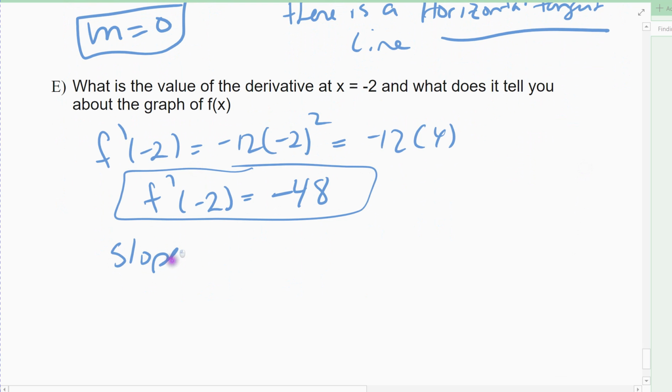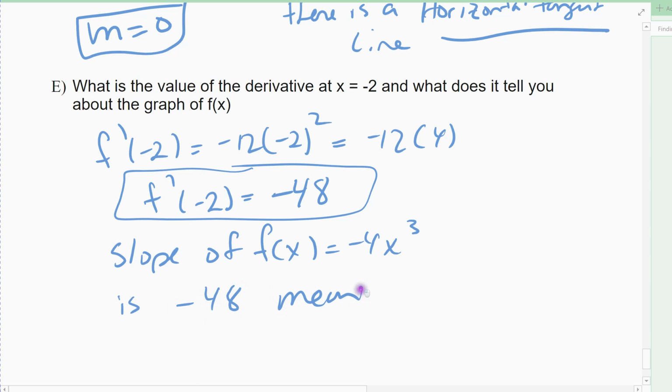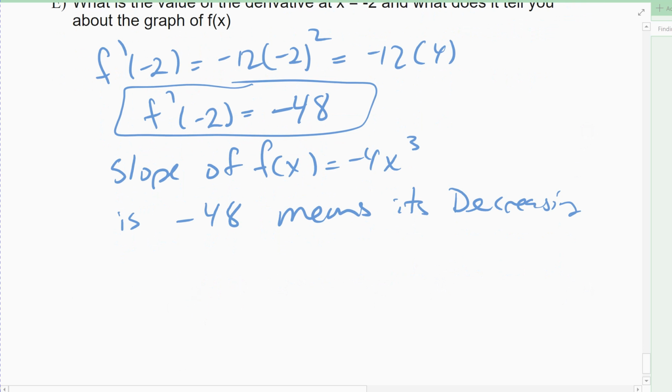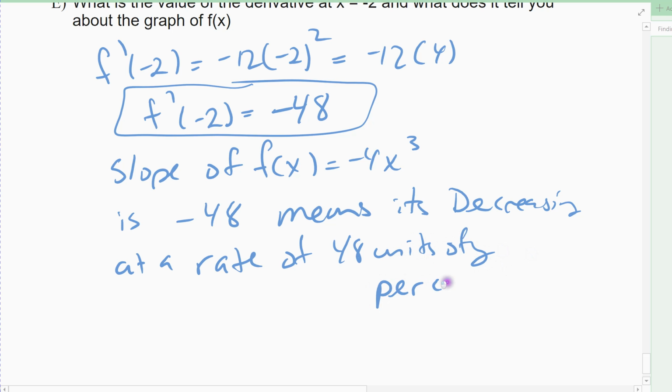Well, it tells me the slope of f of x, -4x cubed, is -48, which means it's decreasing, that's what the negative means, decreasing at a rate of 48 units of y per change in x, if you can read that.